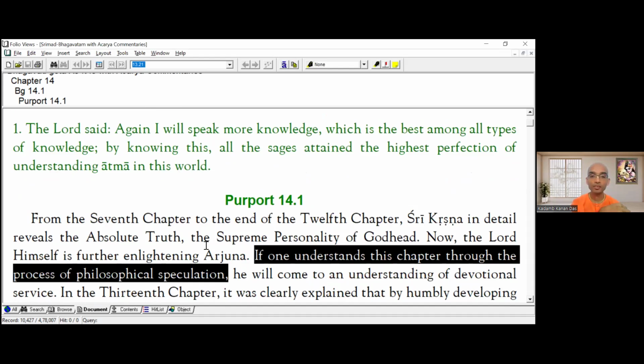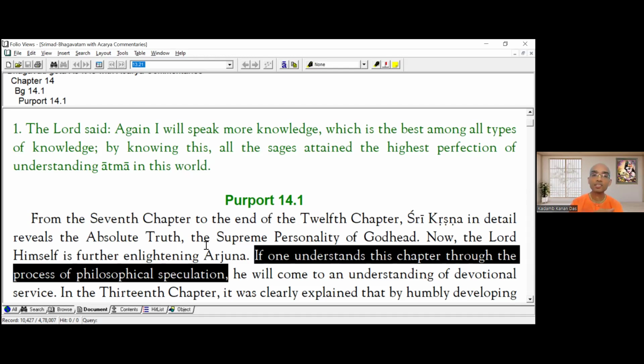We should not speculate. But there is a difference between mental speculation and philosophical speculation. Philosophical speculation which takes us away from the conclusions of the scripture is not very good. But philosophical speculation to understand whatever concept has been told by acharyas in a better way, digging deep inside, that is much better.